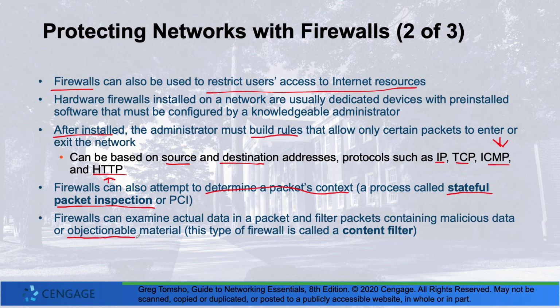The firewall will block that connection. It'll stop your employee from sending out that information. So the firewalls are really neat with the content filtering. They can really do a good job of preventing a disaster on your network.